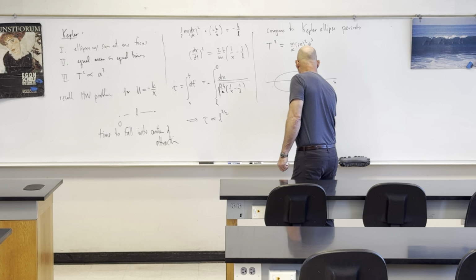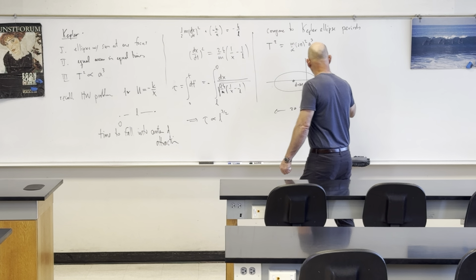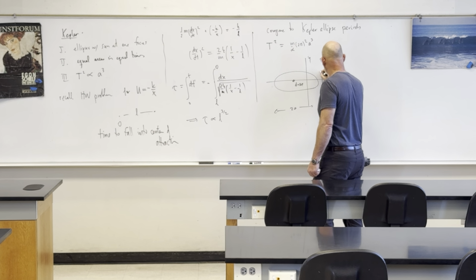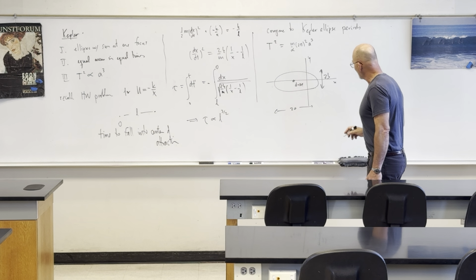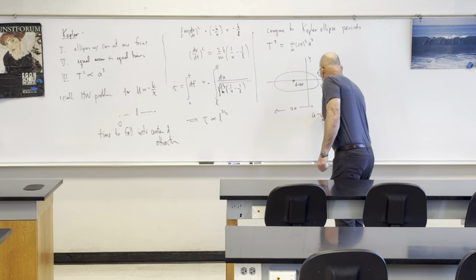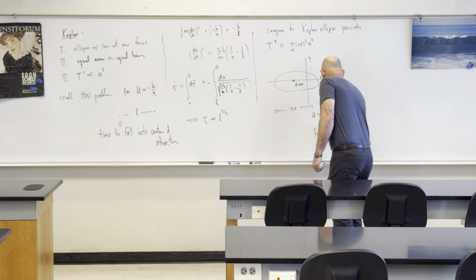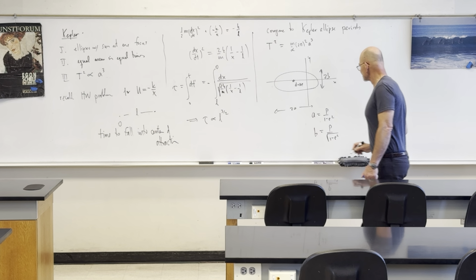This is 2A over here. This is 2B. And A was P over 1 minus e squared. And B was P over root 1 minus e squared.